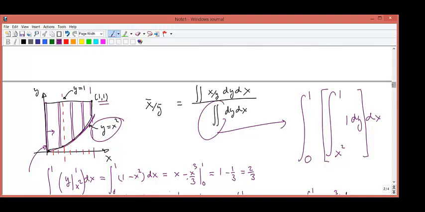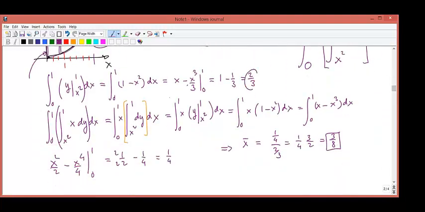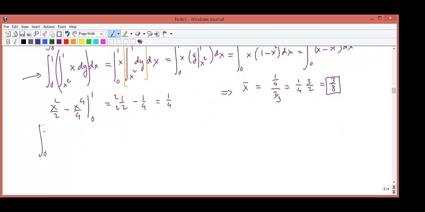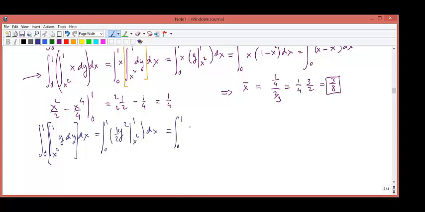Okay, let's do the y bar. We can keep this, no problem. Instead of squeezing an x, let's squeeze a y: the integral from 0 to 1, from x² to 1, of y dy dx. As we look at the inner one, we keep the y and integrate it, and this becomes 1/2 y² evaluated between x² and 1.